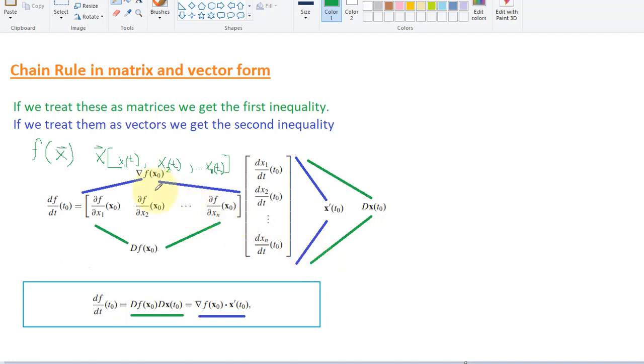The dot product would give us that. So here we have it expressed as a dot product of this vector and this vector, or here we have the same thing expressed as matrix multiplication of this matrix times this matrix. So that is two views of the chain rule. One is in matrix form and one is in vector form.